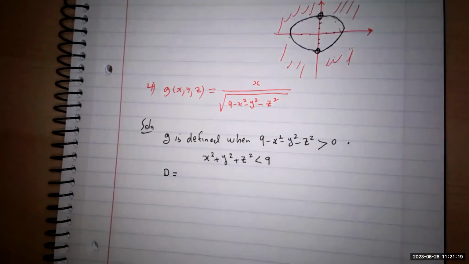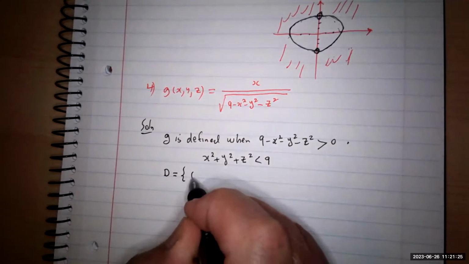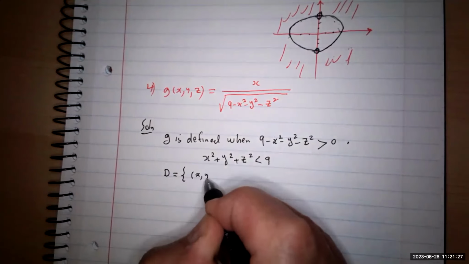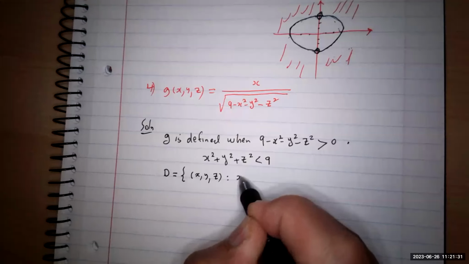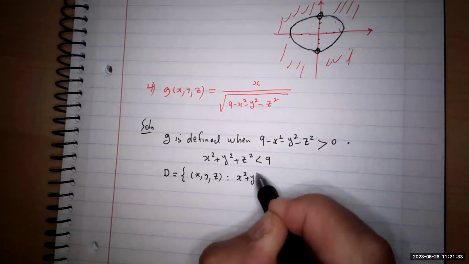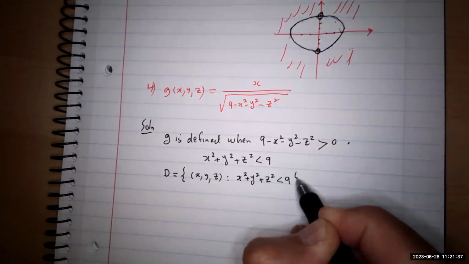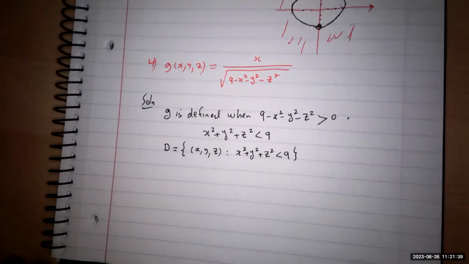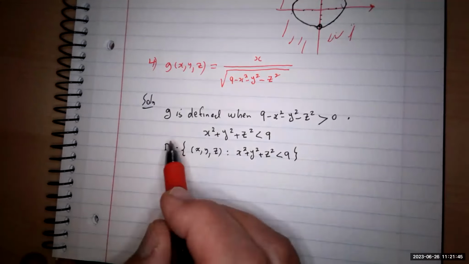Your points are in 3-dimensional R3, so you have to give us a collection of points x, y, z such that x squared plus y squared plus z squared is less than 9. It's a popular domain for integration at the end. So just make a note for yourself that these are the points inside the sphere.